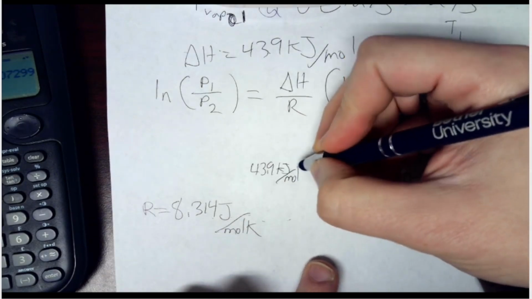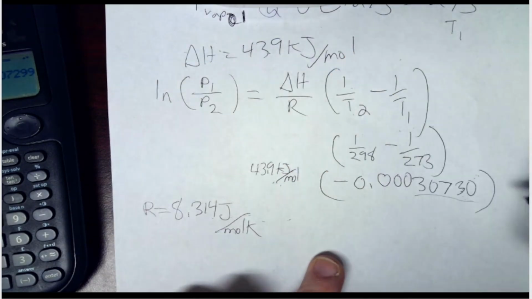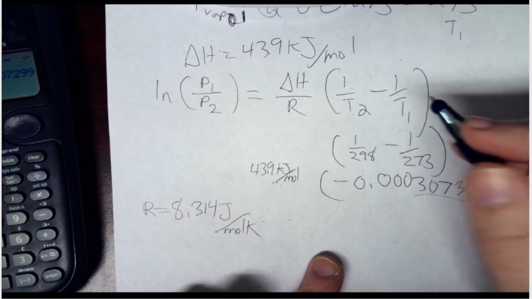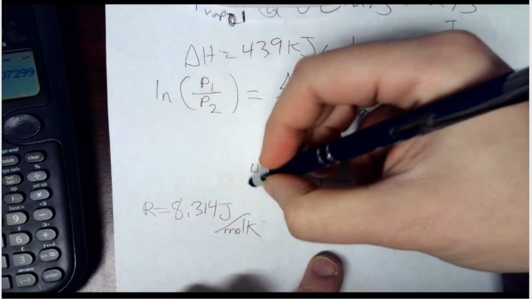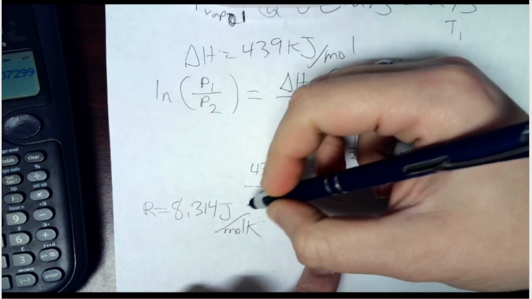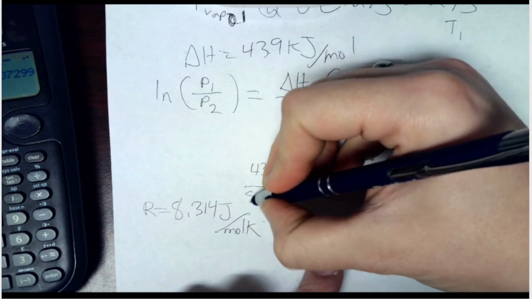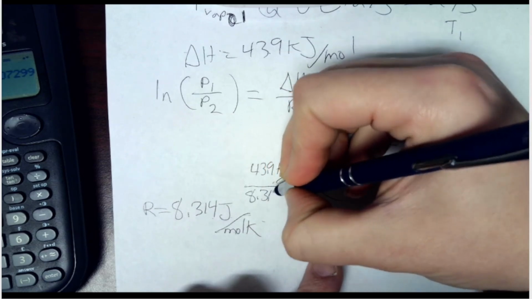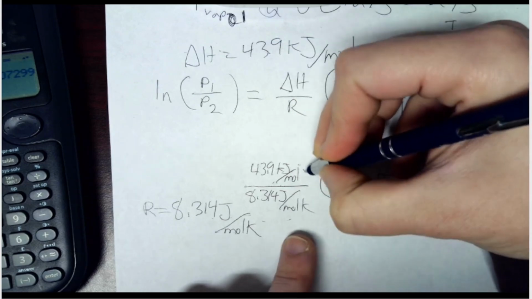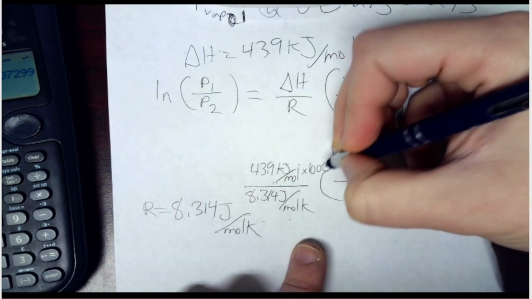So what does that mean? This is in 1 over kelvins. In order for this to work, we need this in joules or this in kilojoules. So I'm going to turn this joules per mole Kelvin, I'm going to multiply this number by 1,000.